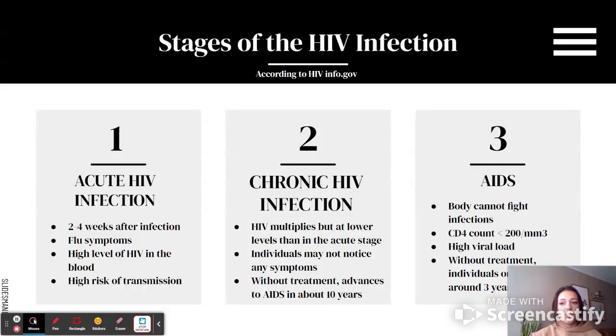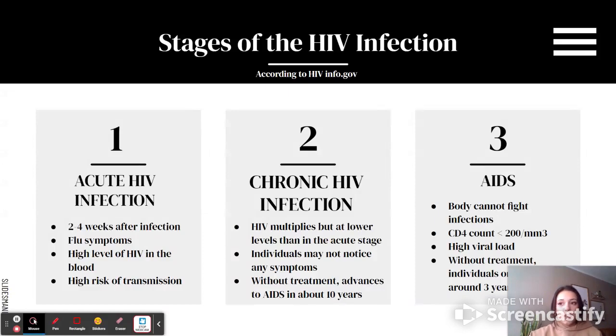Chronic HIV infection refers to when the HIV multiplies. However, it is at very low levels when compared to the acute stage. Individuals in the chronic stage may not experience any symptoms related to HIV. However, without treatment, chronic HIV can advance to AIDS in around 10 years. So it takes a long time.